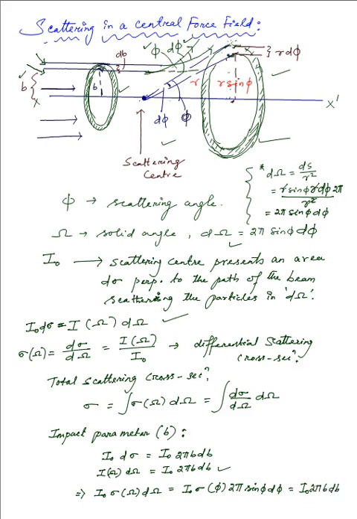Now all of that was fine until what we get is that if we are increasing the value of this impact parameter b, the value of phi is going to decrease. Why? Because the value of b increasing means that we are going far from the center of the central force.